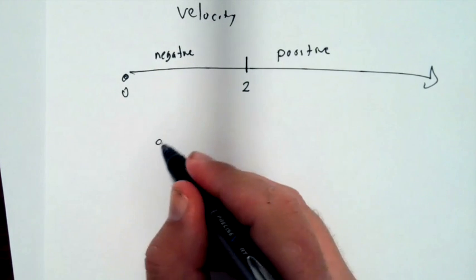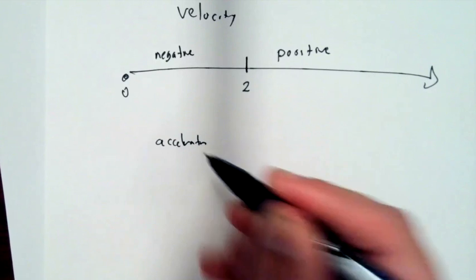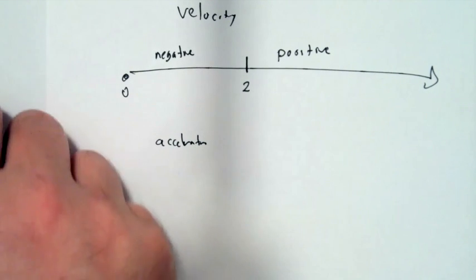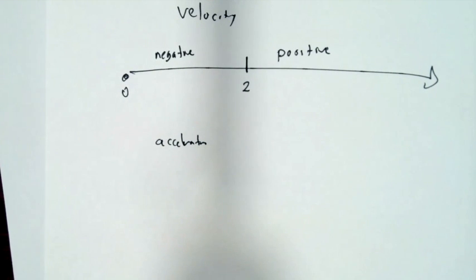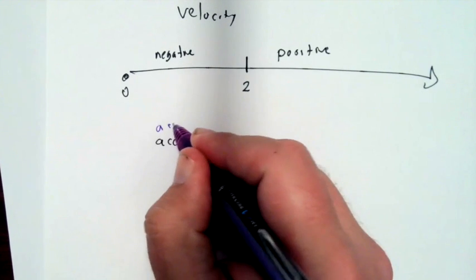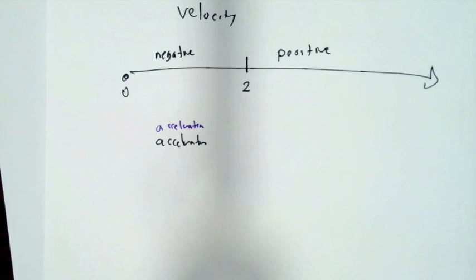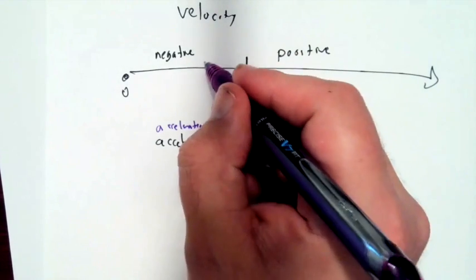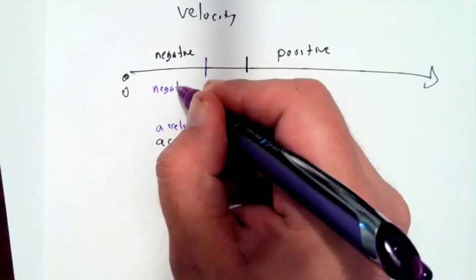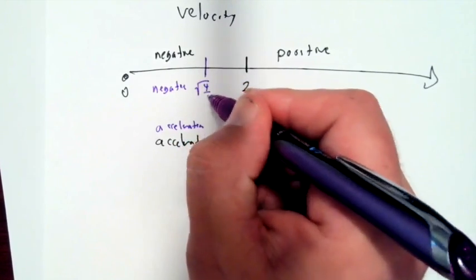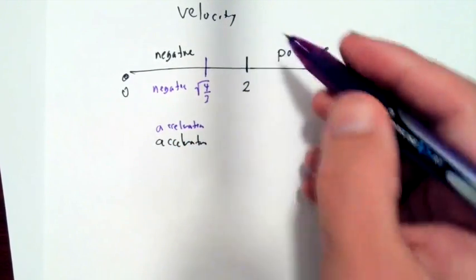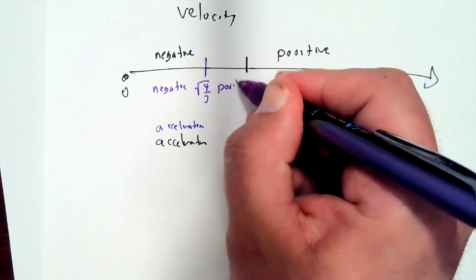And I have that the acceleration is negative from 0 to square root of 4 over 3 and positive everywhere else.